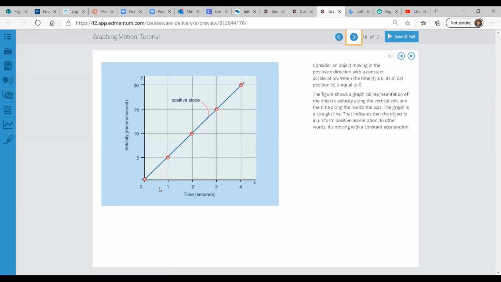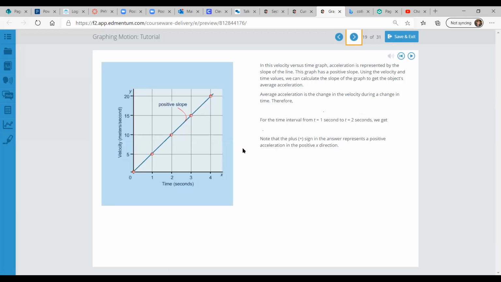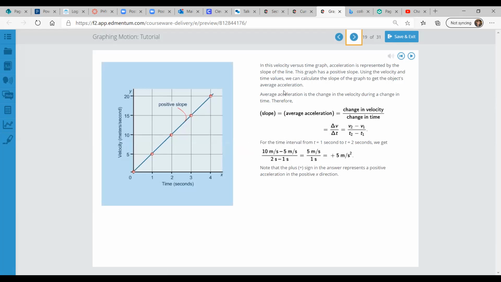So velocity is 0 at time 0. And then if velocity is 5 meters per second, graph that. And then plug it into the formula to find the average acceleration. Change in velocity over change in time. Pick 2 points. Pick 1 and 2.